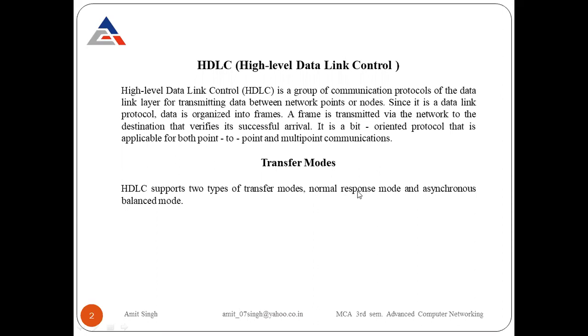Now the next is the transfer mode. Transfer mode means that whenever we want to transfer data from one system to the other system, we have a number of modes in which we can send our data. HDLC supports two types of transfer modes. The first one is normal response mode and the second one is asynchronous balanced mode.